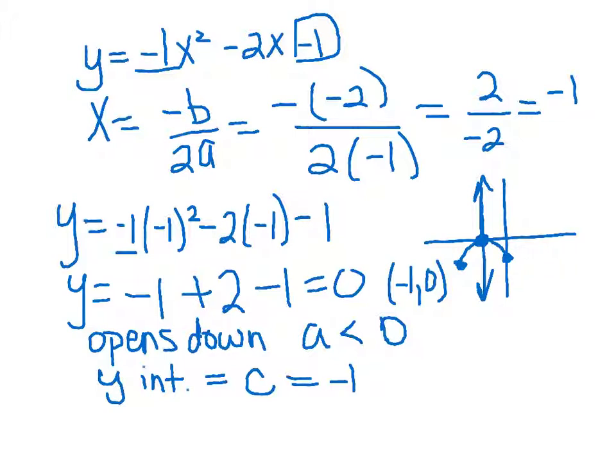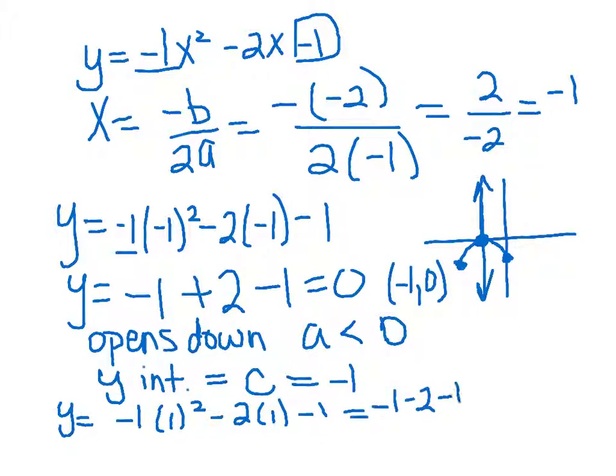Let's get one more point. So if x is positive 1, then y equals negative 1 times 1 squared, minus 2 times 1, minus 1, which would be negative 1 minus 2 minus 1, equals negative 4.